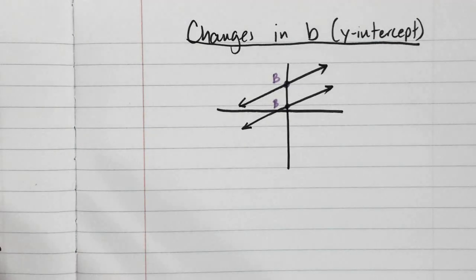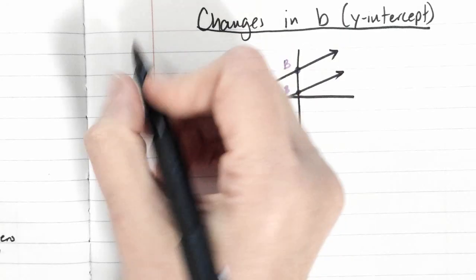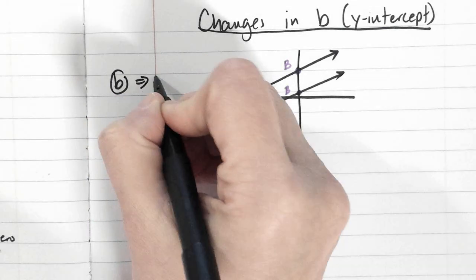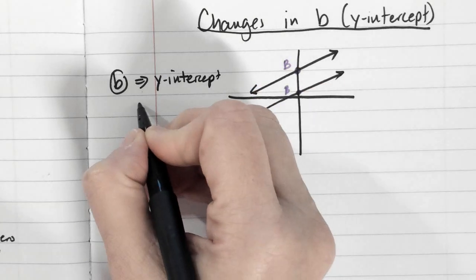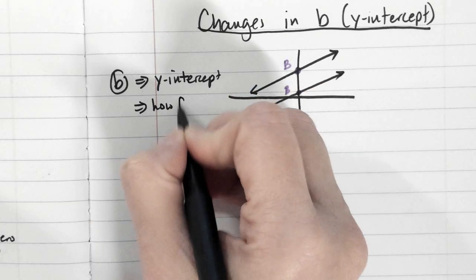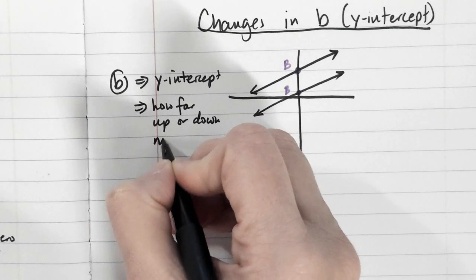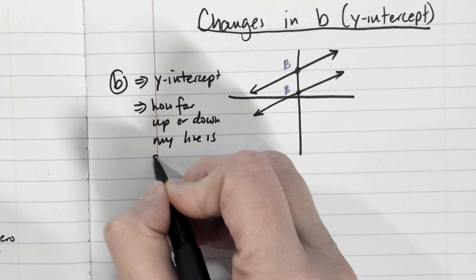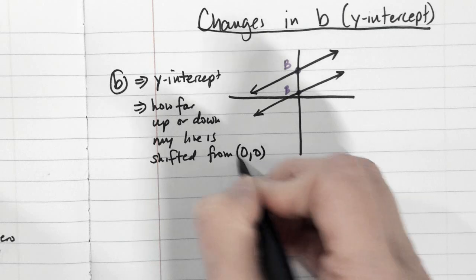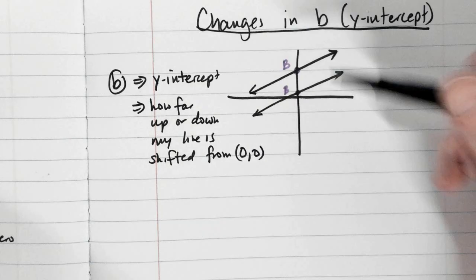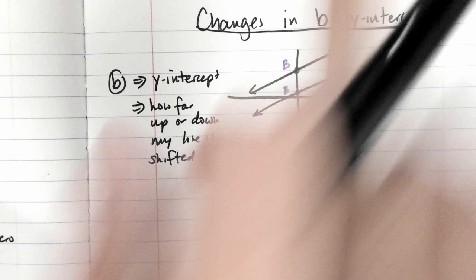So this is my b, which is my y-intercept, which tells me how far up or down my line is shifted from 0, 0. Okay?